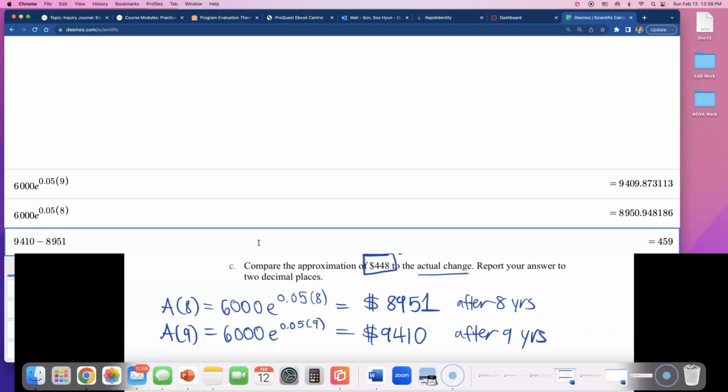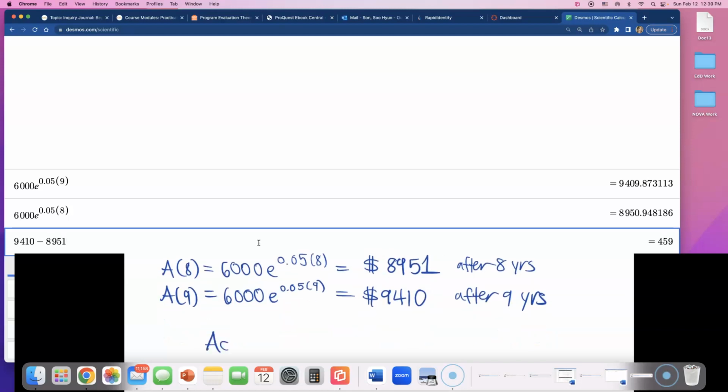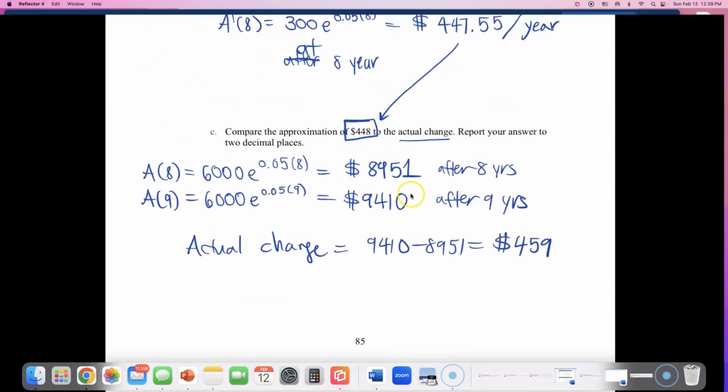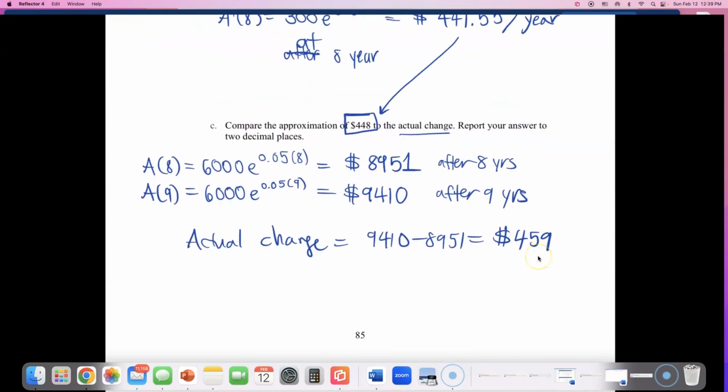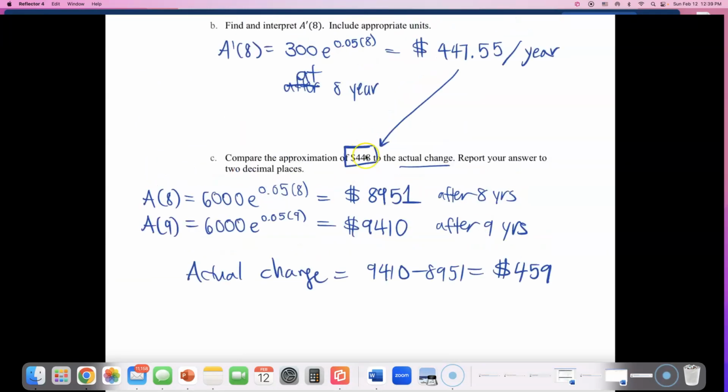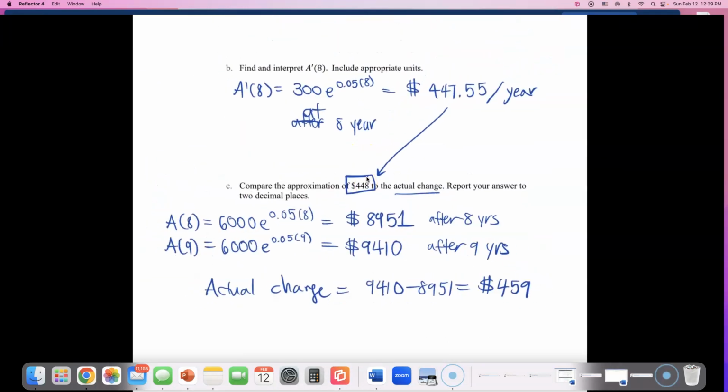Look at that. The actual change is equal to, what I did was I subtracted these two numbers, 459, so approximately $460. So the actual change is a little more than what we approximated, but we can see these two numbers are pretty close.